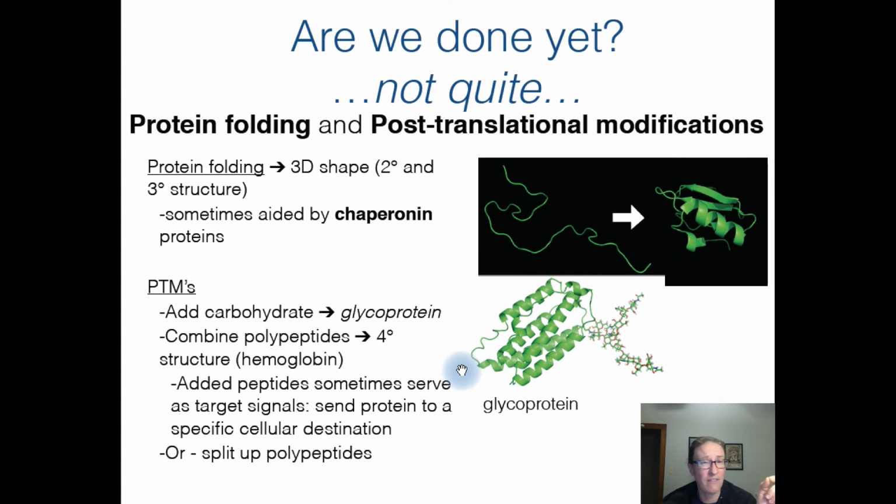Proteins are generally not very short. They tend to be fairly long, so this process of folding a linear amino acid sequence into its final three-dimensional shape can be a really involved process. Sometimes that process is aided by additional proteins in the cell called chaperonin proteins. You can think of that like the word chaperone, something that helps and facilitates a process.